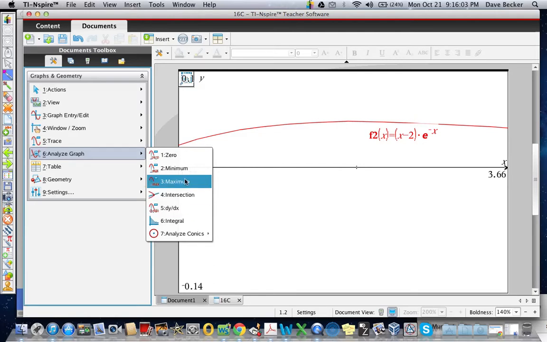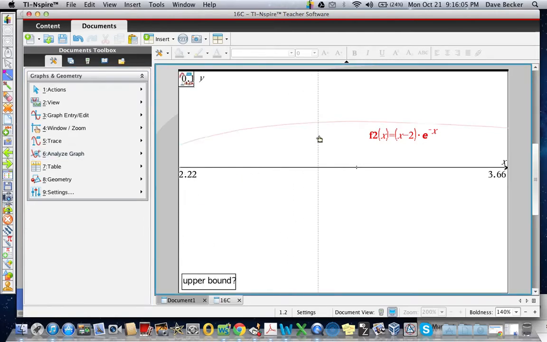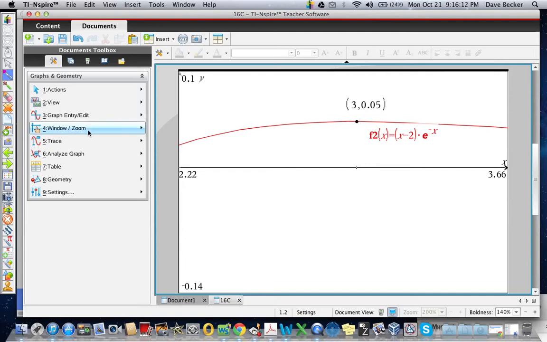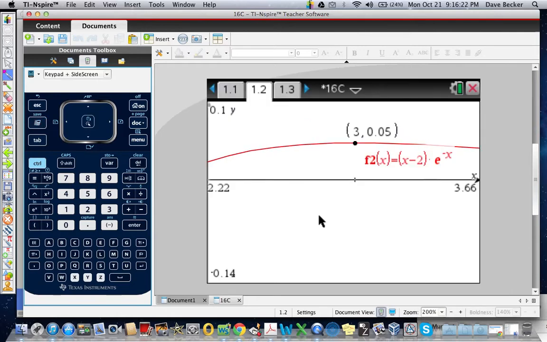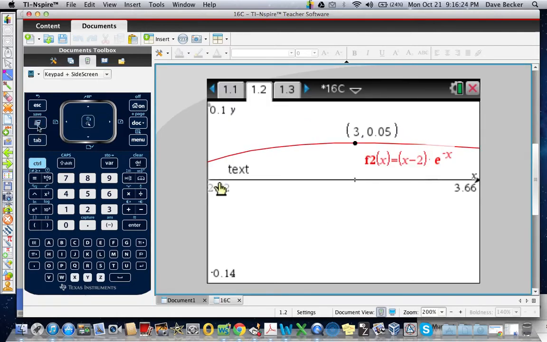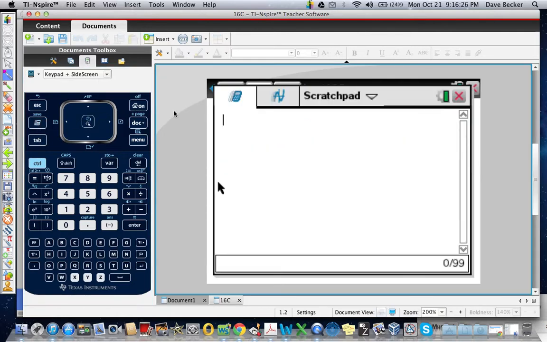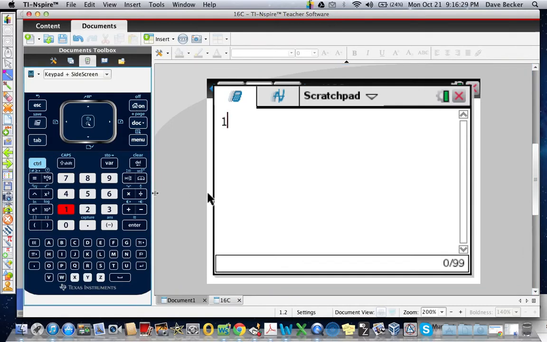Now let's analyze the graph. We think it's a maximum, so I'm going to go to the left of 3 and to the right of 3, and I get 0.05. So let's just do 1 divided by e cubed, just to see if that's about right. Is that 0.05?